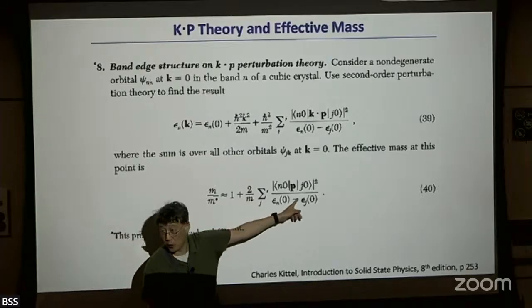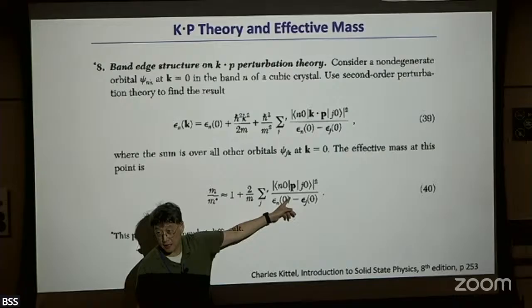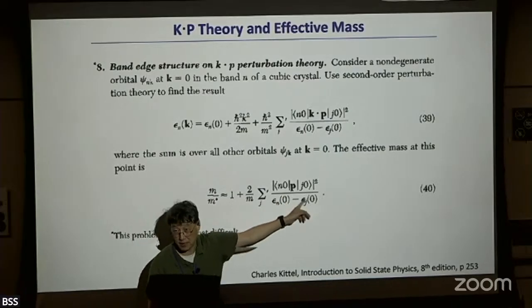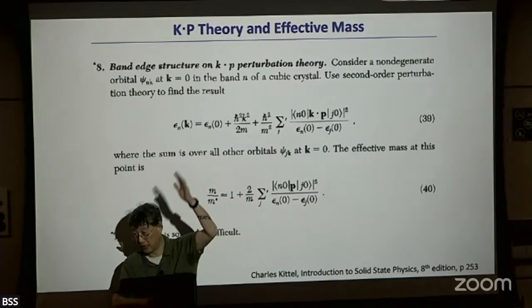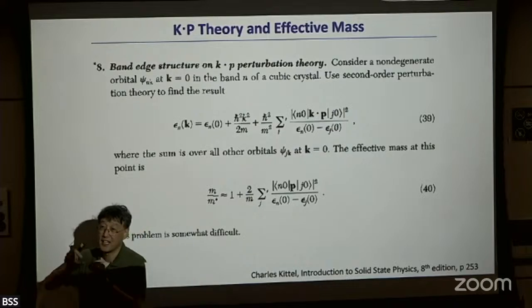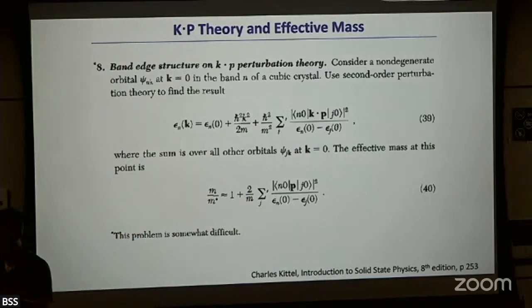Well, this is second order perturbation, connecting the band you are working on with the bands away from it, above and below. This is basically second order perturbation. I can see that it's kind of virtual transitions that I consider, and that's what massively renormalizes your bare mass, right?